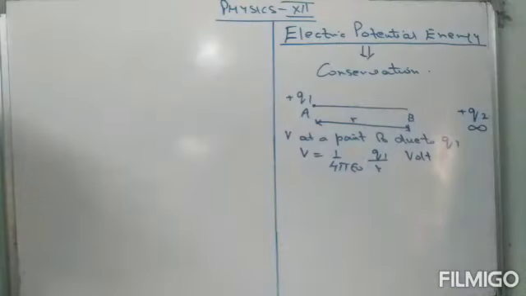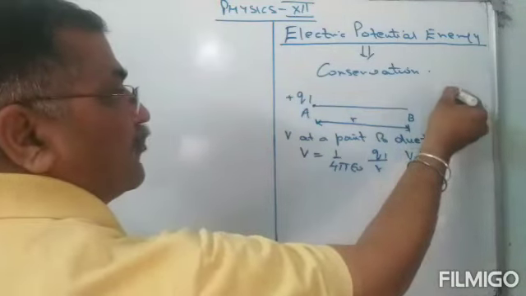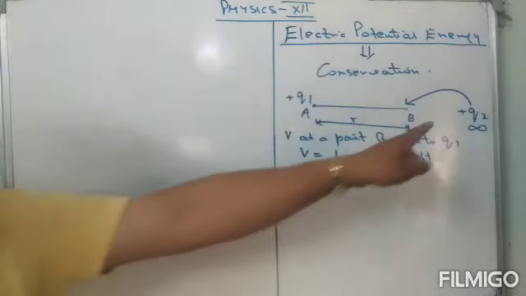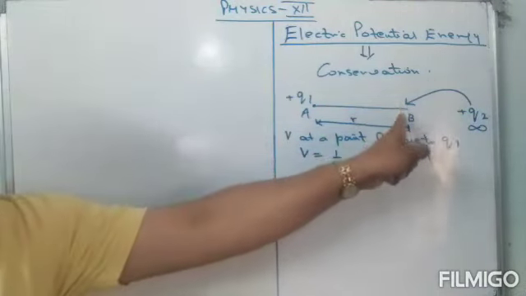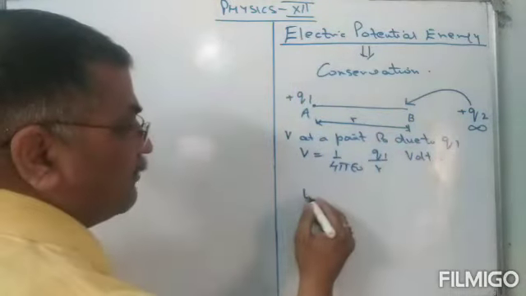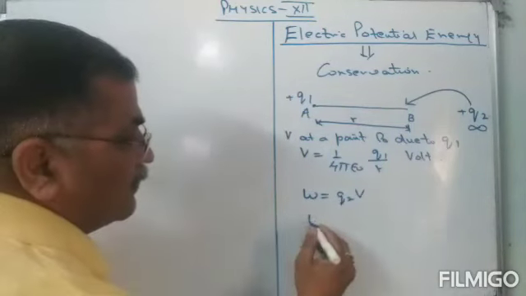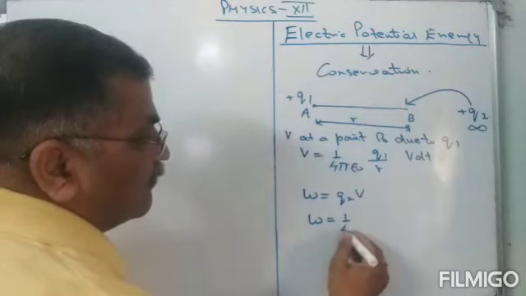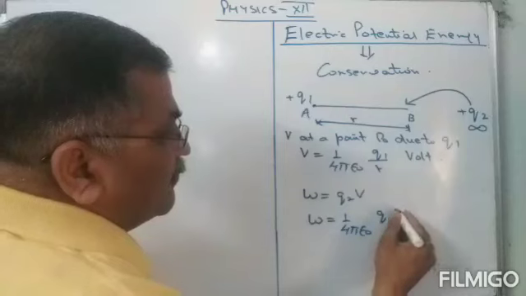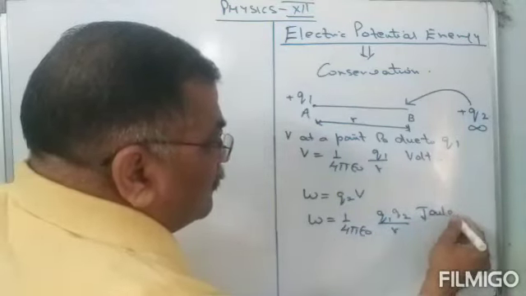Now I'm going to bring this charge Q2 from infinity to this point B. When I'm bringing a charge from infinity to point B, I am performing some work, and that work is W is equal to Q2 V. Putting the value, W is equal to 1 upon 4 pi epsilon naught Q1 Q2 upon R joule.